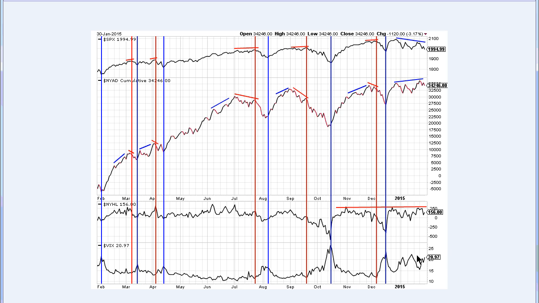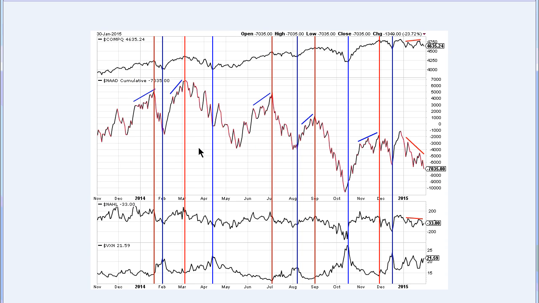Okay, so then if we look at the Nasdaq, again, we can see that the VIX here also coincides with some of the lows, right? And then you see that the advanced decline is also making a higher high, leading the market to a higher high, right?